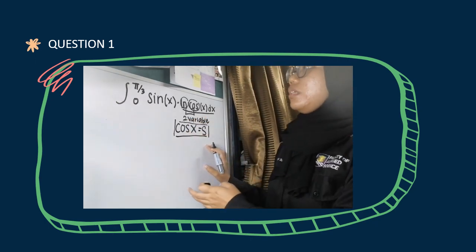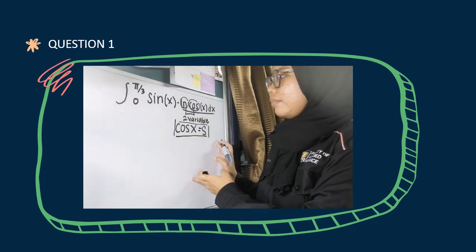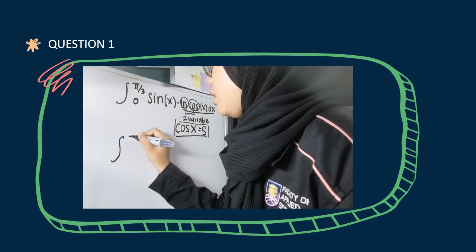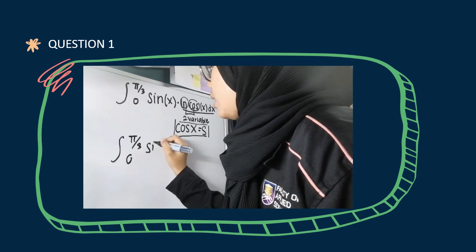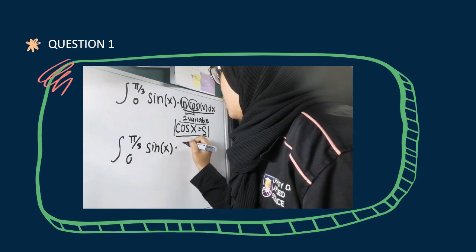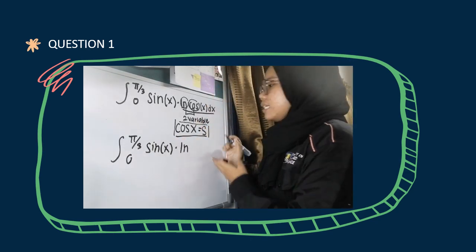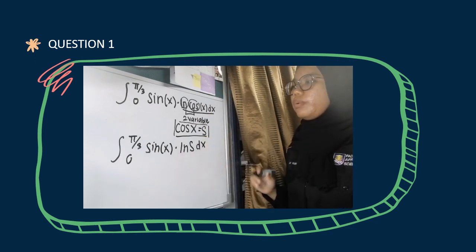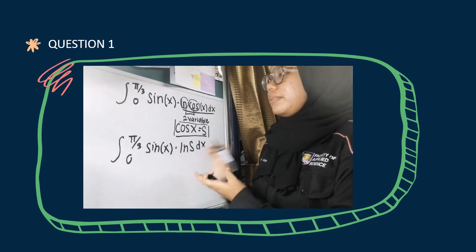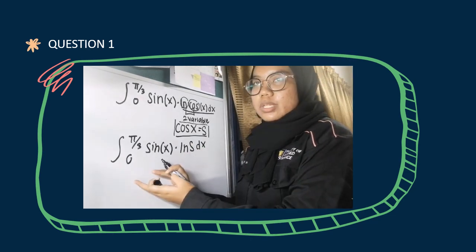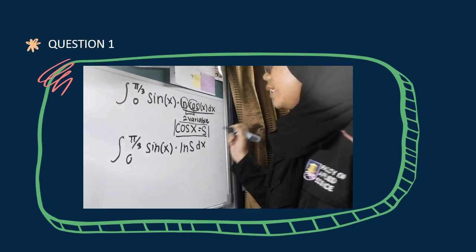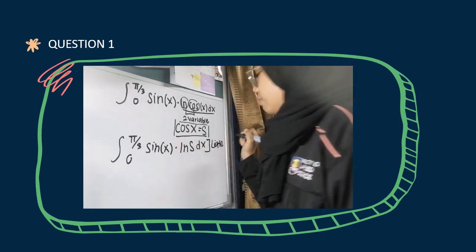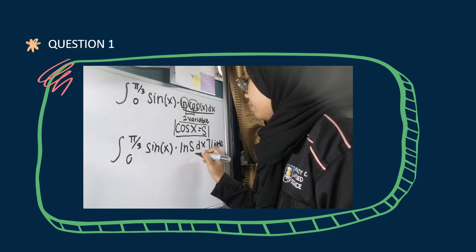To avoid any confusion, we have to rewrite this question again: sine x ln cos x, where we change cos x into S, dx. Now we can determine which one is u and which one is dv by using LIATE.